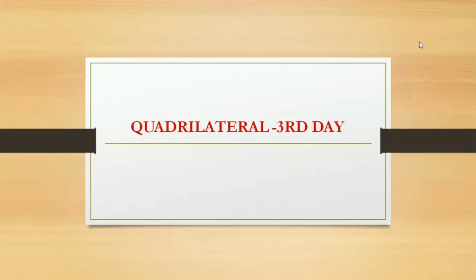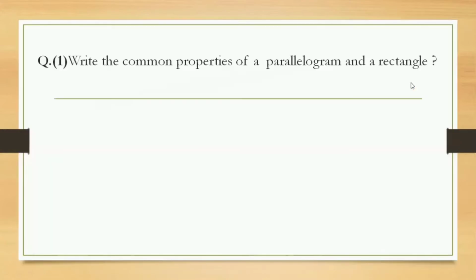As I told you, quadrilateral topic, third day class. And look here, the first question: write the common properties of a parallelogram and a rectangle. Means the same properties of a parallelogram and a rectangle.